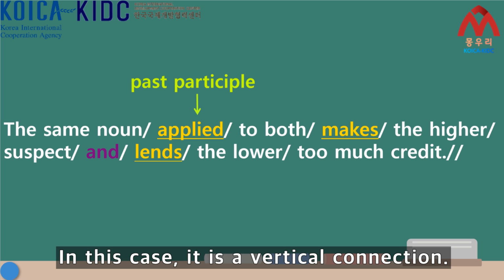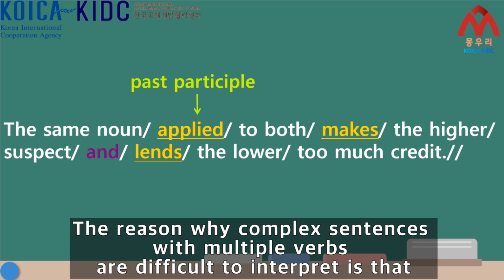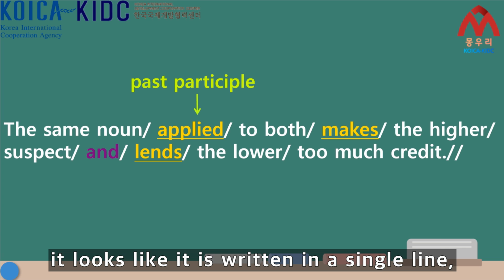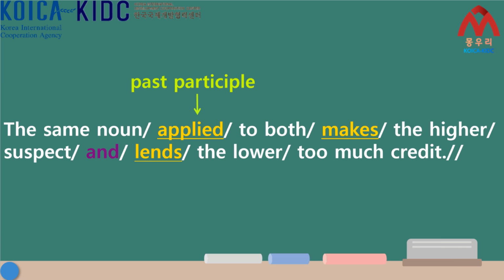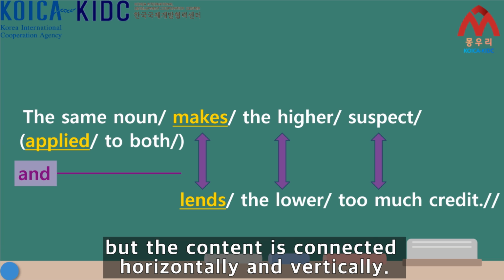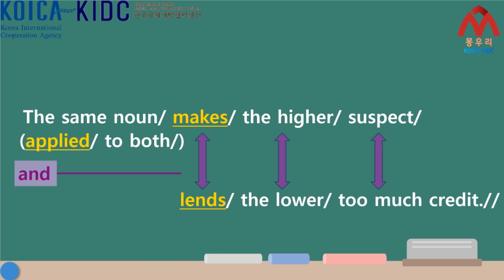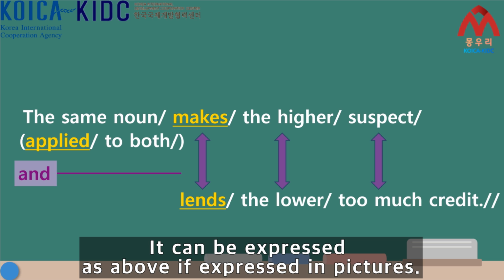In this case, it is a vertical connection. The reason why complex sentences with multiple verbs are difficult to interpret is that it looks like it is written in a single line, but the content is connected horizontally and vertically. It can be expressed as above if expressed in pictures.